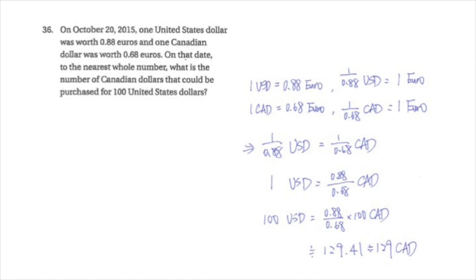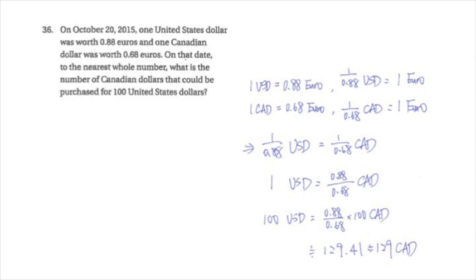That means 1 over 0.88 US dollars equals 1 euro. And 1 Canadian dollar equals 0.68 euros. That means 1 over 0.68 Canadian dollars equals 1 euro. So 1 euro equals 1 euro. That means 1 over 0.88 US dollars equals 1 over 0.68 Canadian dollars.